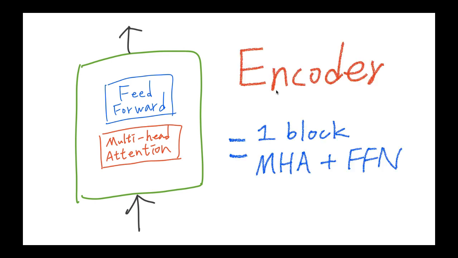In the encoder part, one block consists of two sublayers. One is called the multi-head attention layer. Another is the feedforward neural network. And they use the attention mechanism to make the feedforward neural network able to model long-term dependencies.